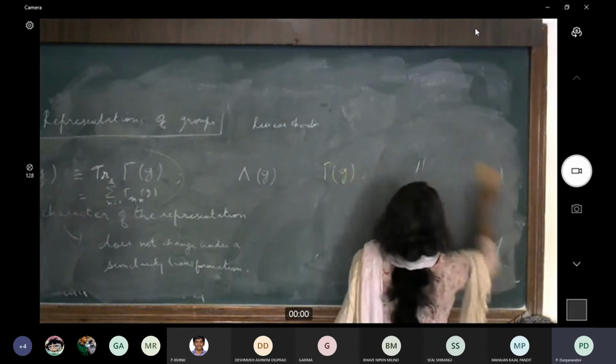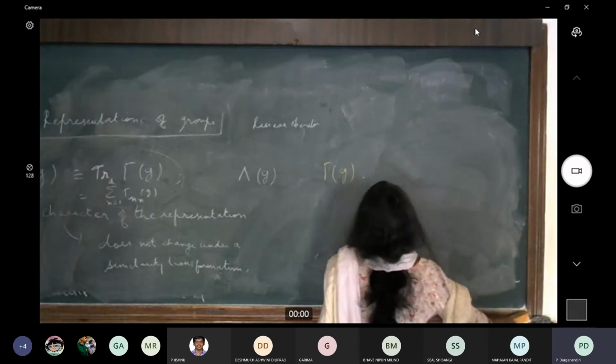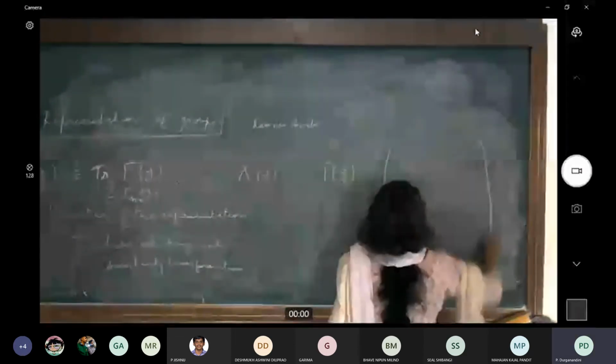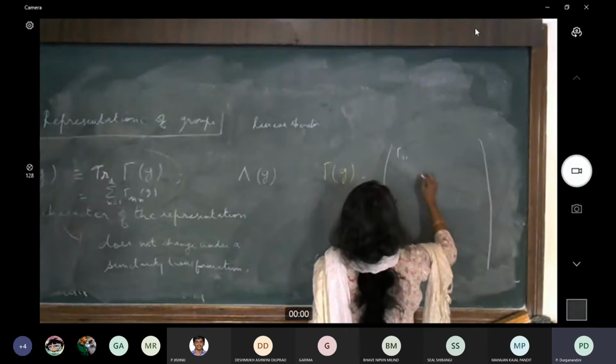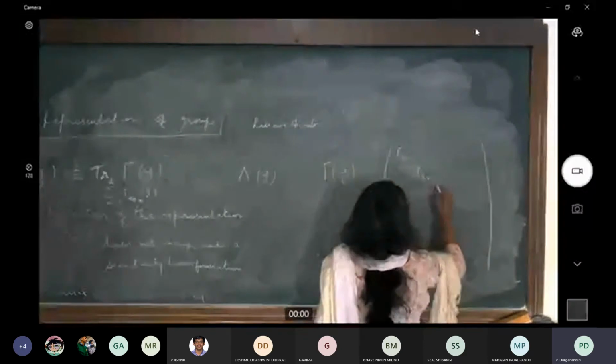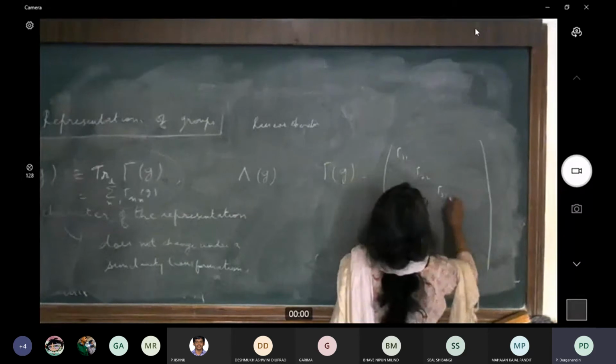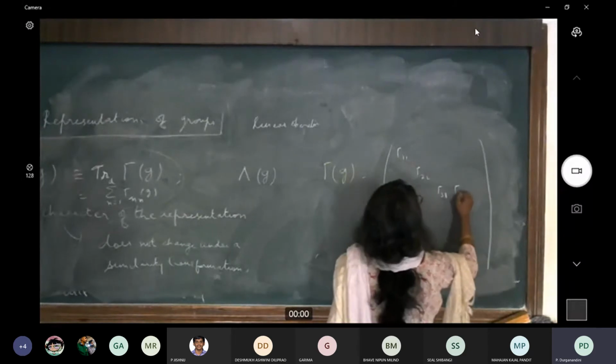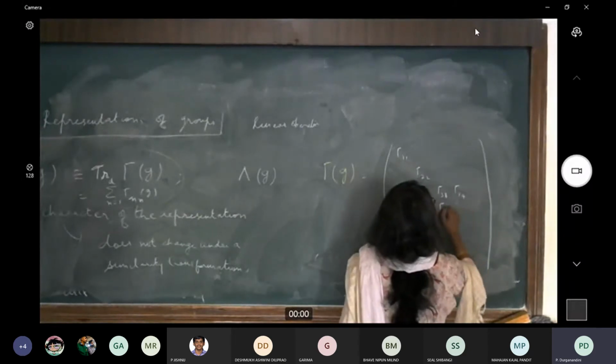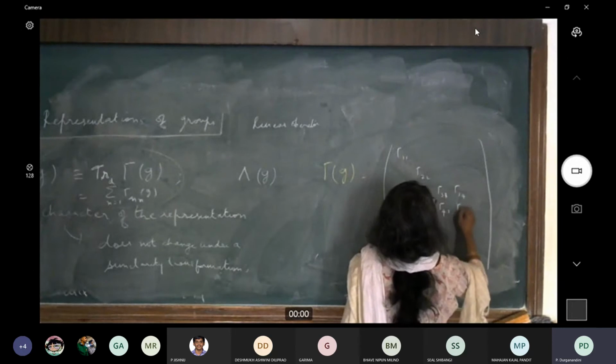Suppose I can write my gamma in this form: gamma 1 1, gamma 2 2, then here gamma 3 3, 3 4, gamma 4 3, 4 4.